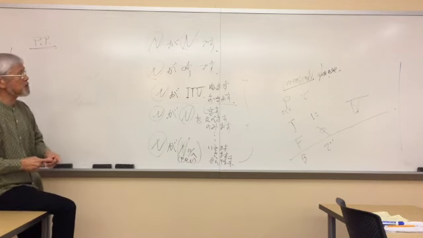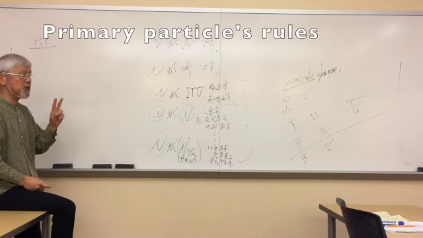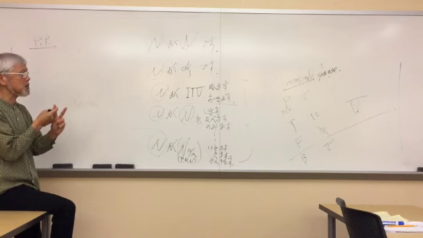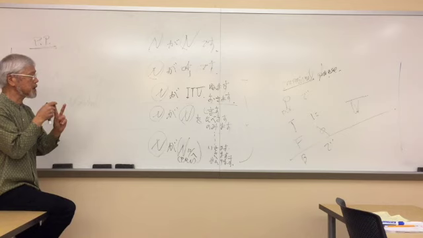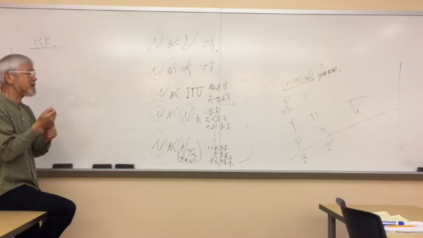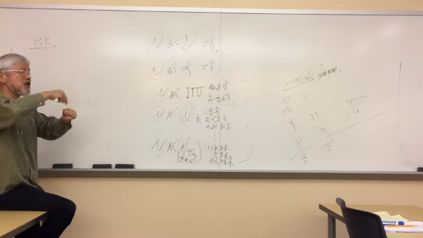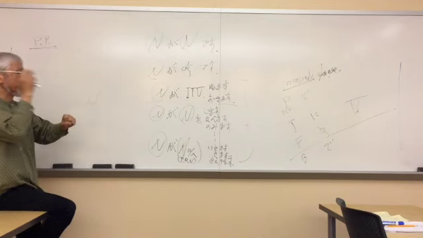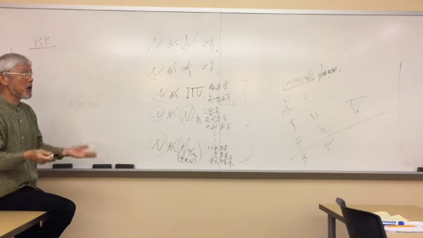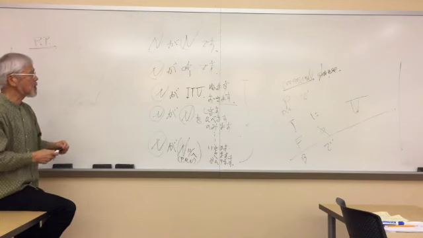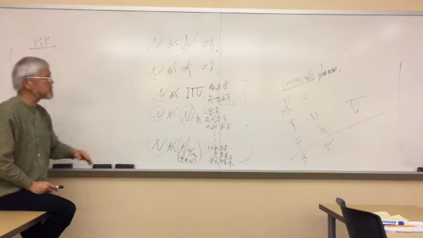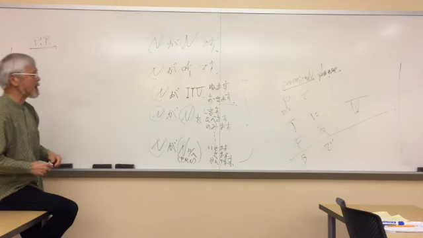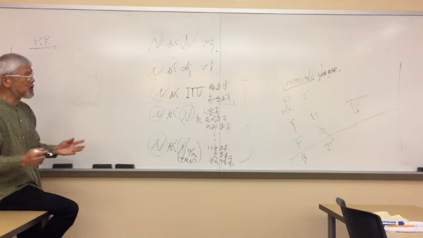For primary particles, there are two things you have to know. One is, in front of a primary particle, of course you have a noun, but that noun, that information, is new: something that you want to tell somebody, or you want to hear, because it's unknown. Also, if you have a ga, then the preceding noun is the subject.